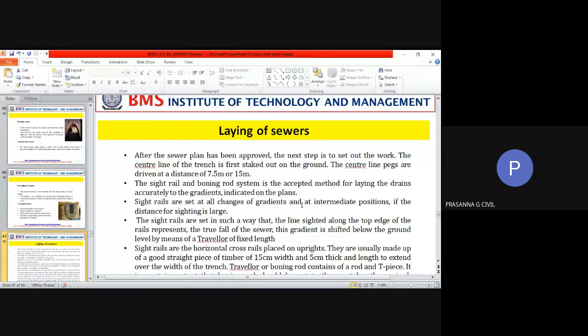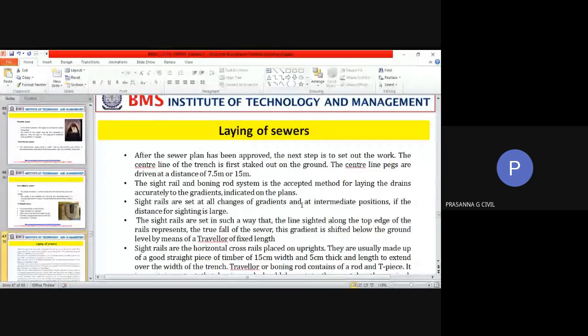This has a bottom portion which has a shoe-like part where it can be dipped into the trench, and then you have a vertical portion where it comes out from the ground so that you can measure the depth of the cutting that you are doing. So site rail and boning rod system is the most accepted method for laying of drains for getting accurate gradients.